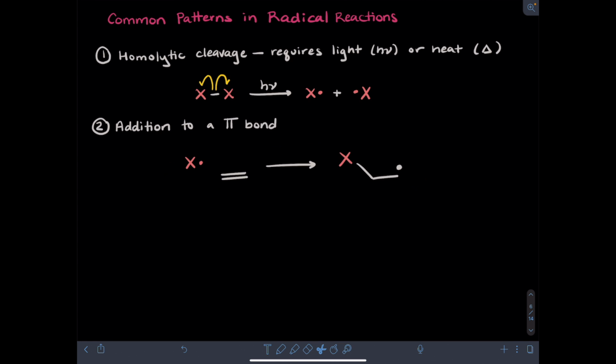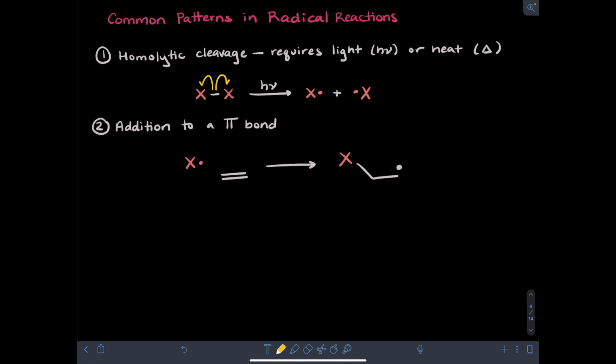Another common curved arrow pattern is known as addition to a pi bond. This involves a radical reacting with an alkene to generate a new radical. The addition to a pi bond mechanism is going to involve 3 fishhook arrows.